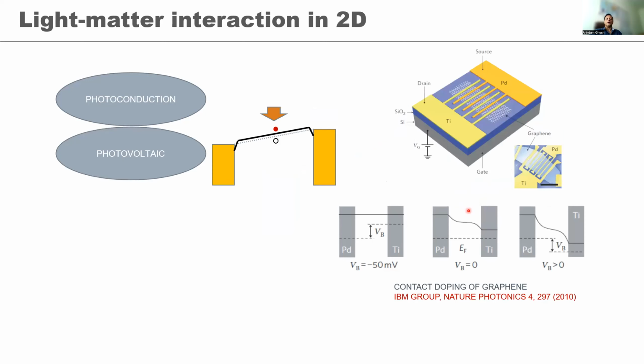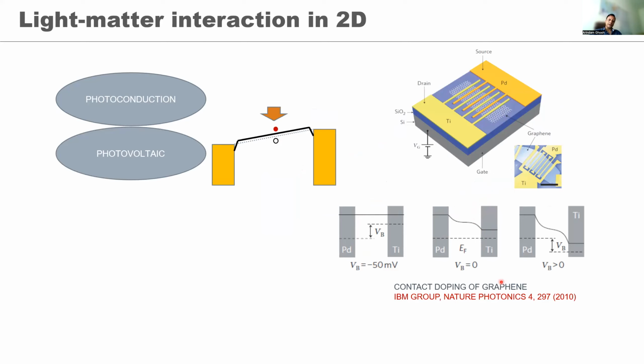Okay. The second is the photovoltaic mechanism. In the photovoltaic mechanism, you create an electron-hole pair, but then because of an inbuilt electric field, the electron-hole pair gets separated. This is one of the old examples of creating this built-in electric field by differential doping at the contacts. You can contact with palladium and titanium.